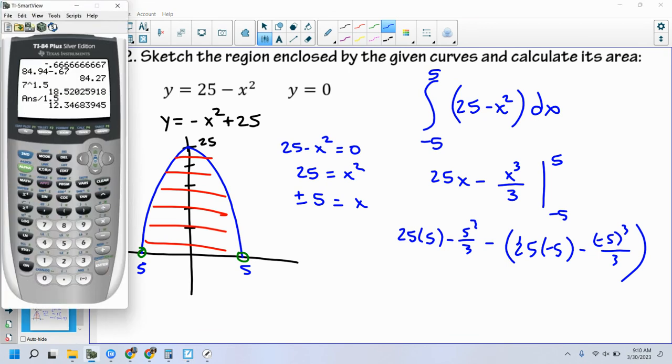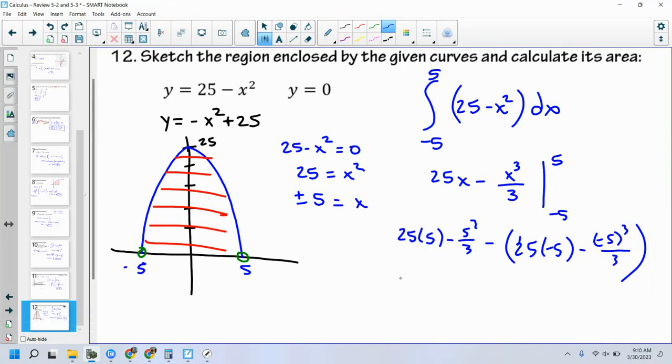Let's run those numbers. 25 times 5 is 125, minus 5 to the third, another 125, divided by 3. So we've got 83.3.